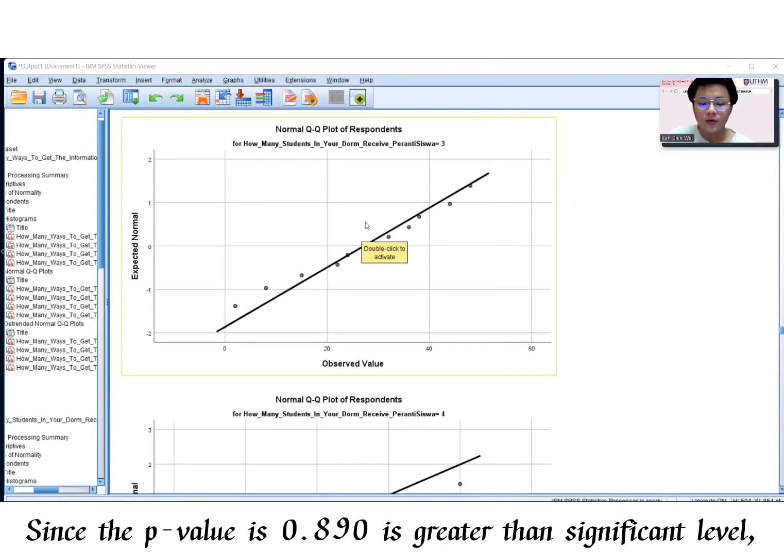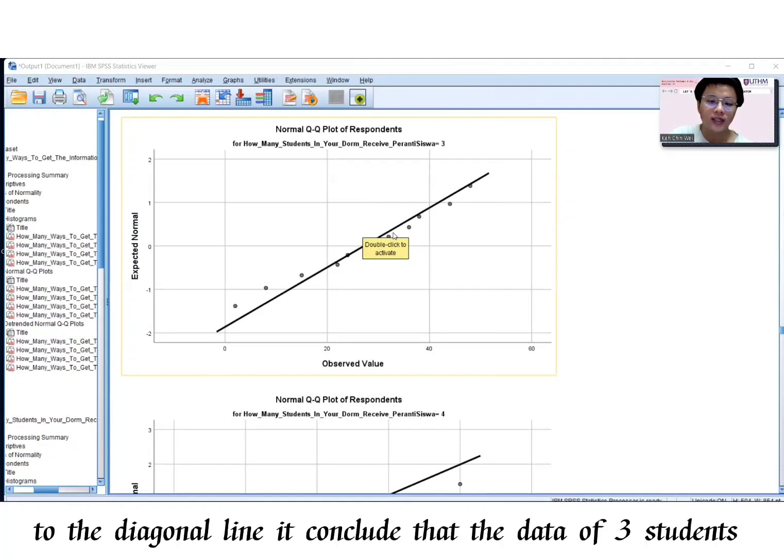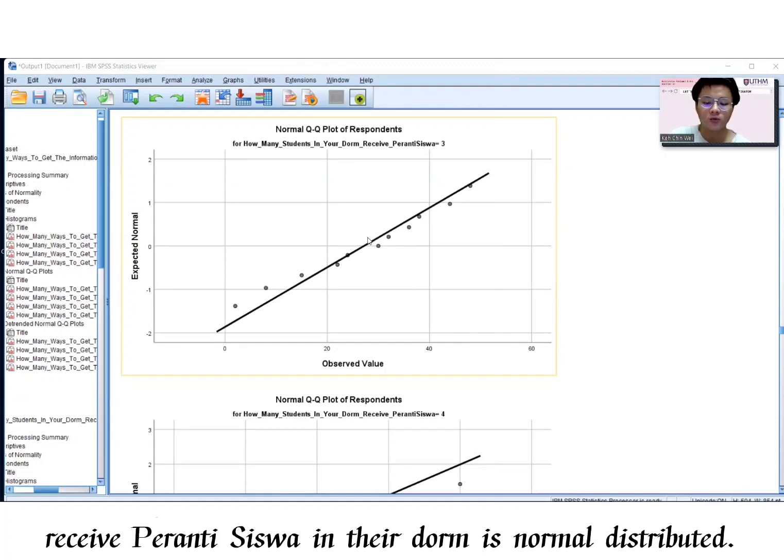Since the p-value 0.890 is greater than the significance level 0.05, and the normal QQ plot shows that the data points are close to the diagonal line, it concludes that the data of 3 students with Peranti Siswa in their room is normally distributed.